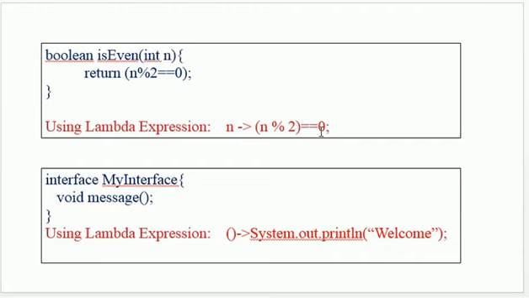Similarly, this example, which was the very first example in the beginning of this presentation, it was an interface, my interface, a method is there. So its lambda expression would be, look into this message method, it is not taking any parameter, that's why I am leaving these round brackets empty. Since it's not taking any parameter, I'll have to put the round brackets, otherwise it will not be a valid lambda expression.